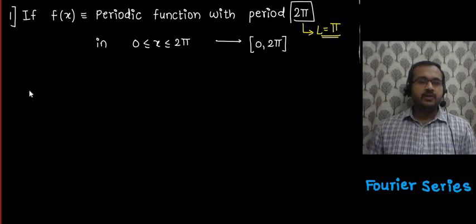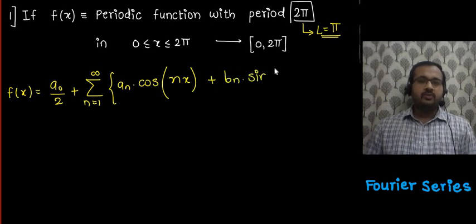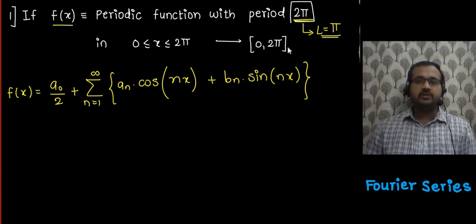Therefore, the required Fourier series will be f of x is equal to a0 upon 2 plus summation n varies from 1 to infinity an into cos n pi x upon L, where L is equal to pi. So we can cancel this pi, and the simplified form will be nx only. The same is the case with bn into sin nx. So this is the Fourier series representation for the periodic function f of x when its period is 2 pi.